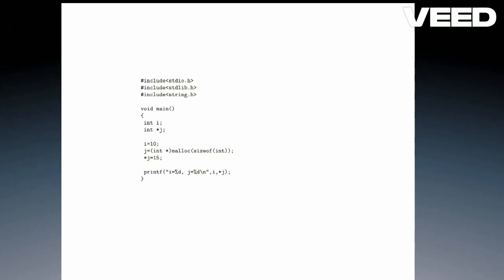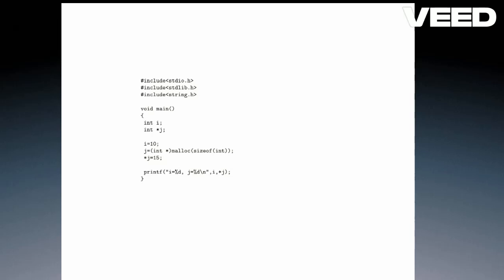To store something in the location for j, we have to first allocate space for that location. You are familiar with malloc, that is done by allocating space for an integer. And we have to do the usual typecasting in C to cast that reference of that storage location to an integer pointer by this int star.